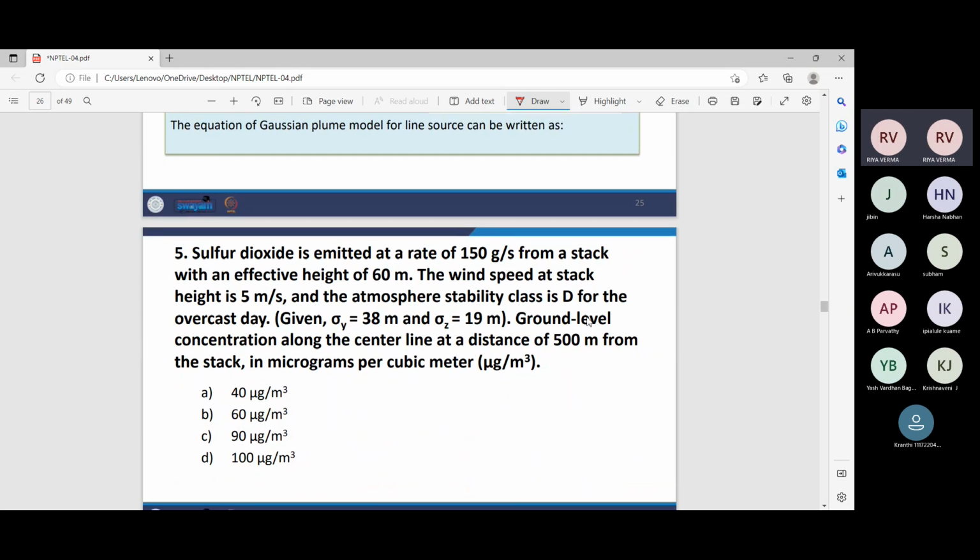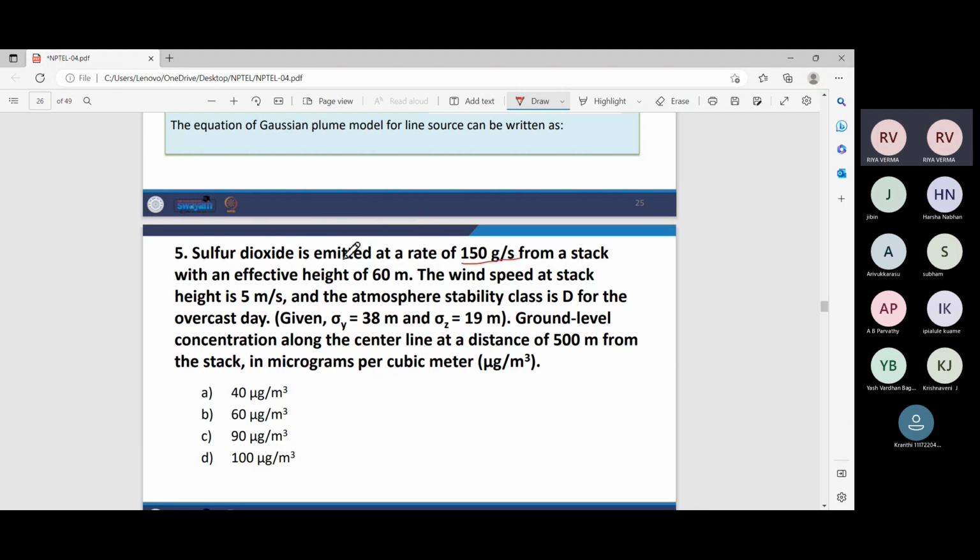Now, I think we'll be taking two numericals of this Gaussian plume model in today's class. So I would prefer if you guys solve these questions with me parallelly in the same class. Your first question is: sulfur dioxide is emitted at a rate of 150 grams per second.